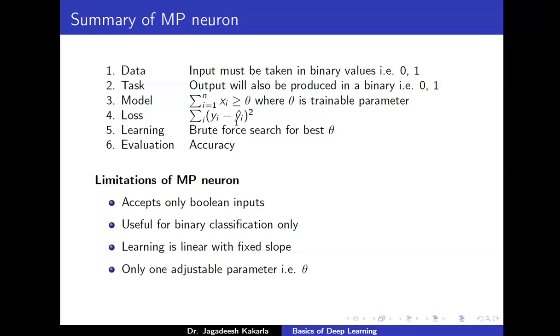We will differentiate the loss with respect to the weight. The absolute value is not differentiable because it is not a smooth equation. So that's why we go for the square, which is differentiable with respect to the weight. That's why people use the sum of squares as a loss.